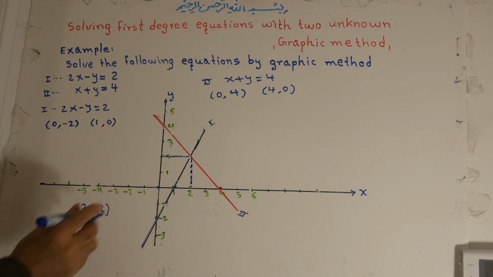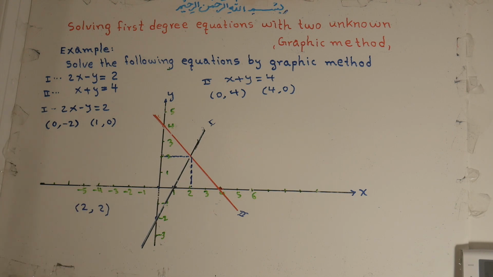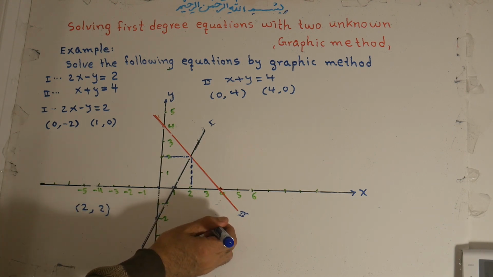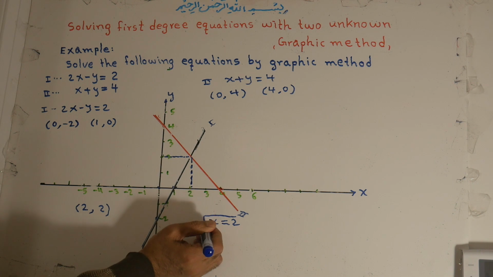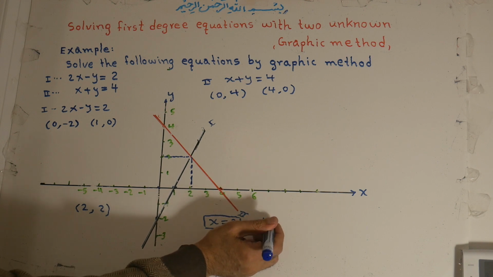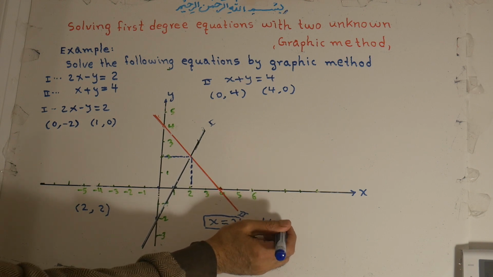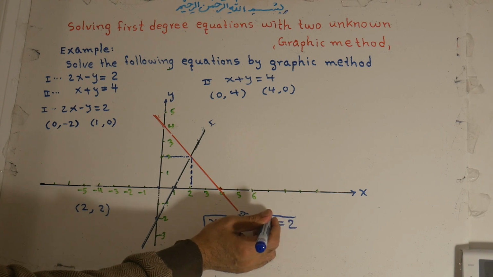This is the point that is the solution of the equations. It means that x is equal to positive 2 and y is equal to positive 2.